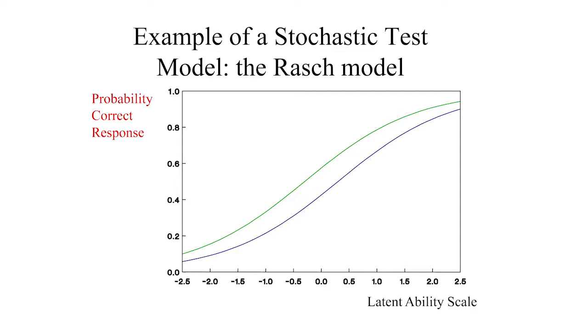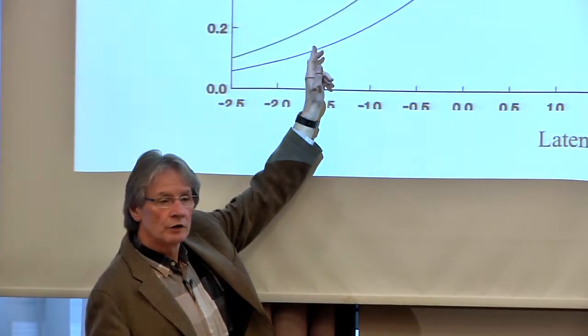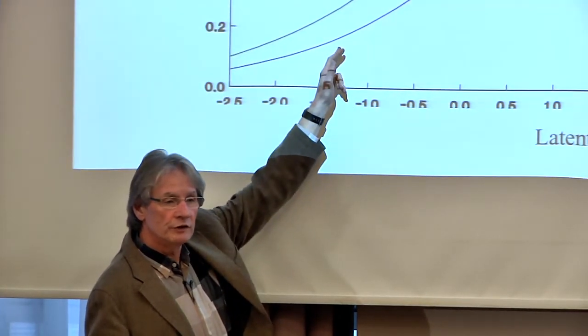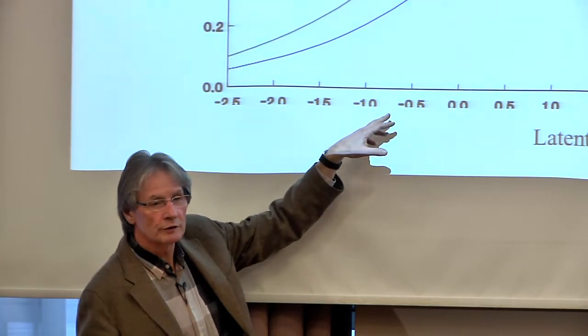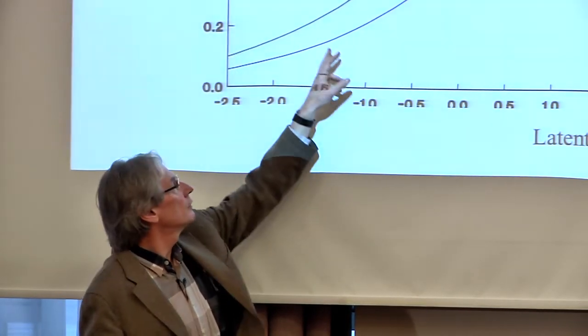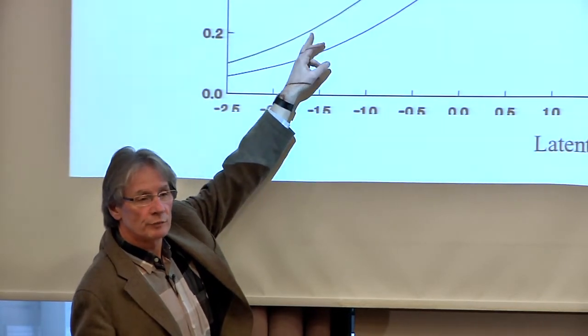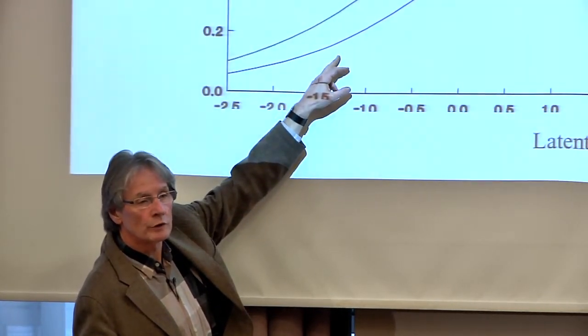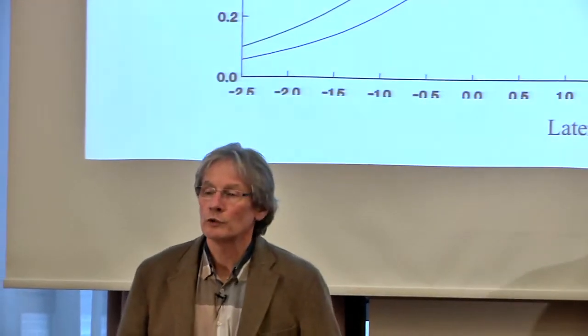And one of the things that the model says is that for every proficiency level, the order of these probabilities is the same. So everywhere you look on the ability scale, this is the difficult item and this is the easy item. This one always has a lower probability of a correct response than the other item. That is what the model says.